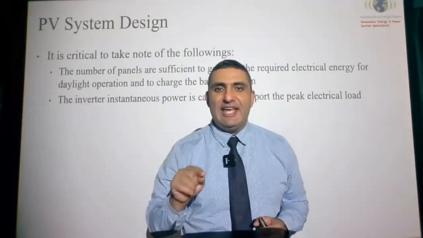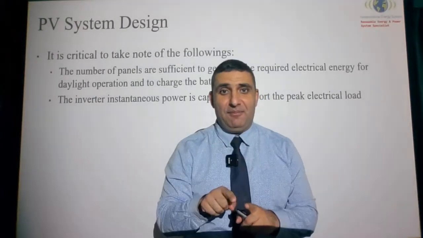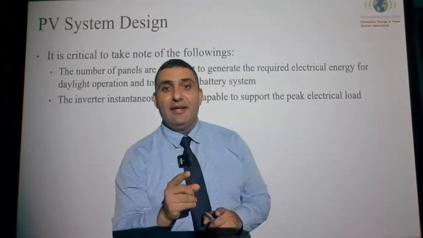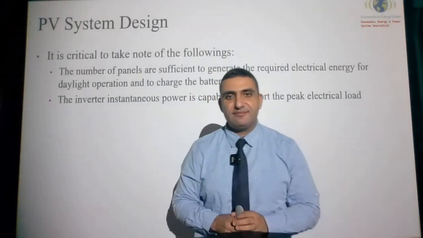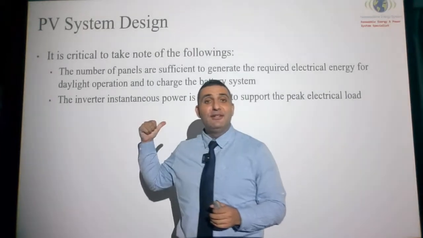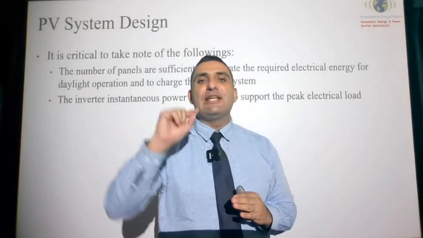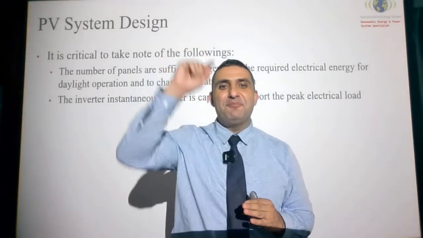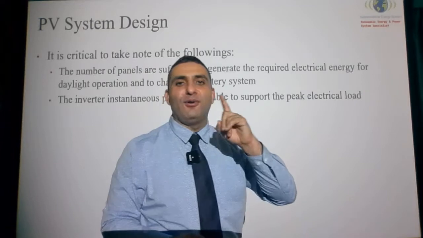If during the day you have a machine or 2 machines that must run at the same time, and this is applicable especially to commercial, we have to make sure that the inverter can give you 6 kilowatt peak power instantaneously. Otherwise, the system will fail.